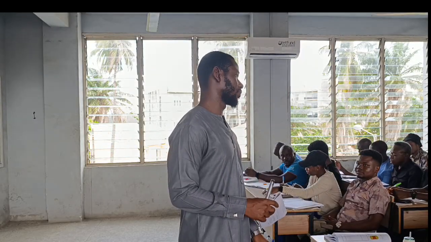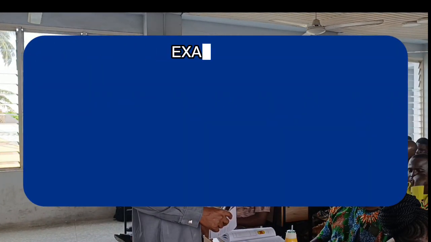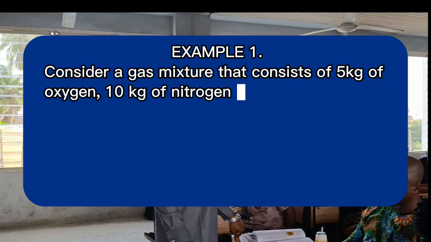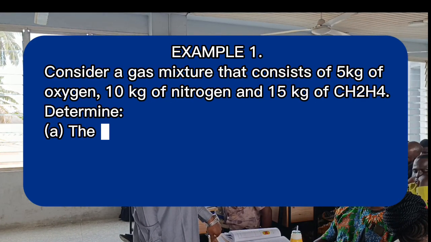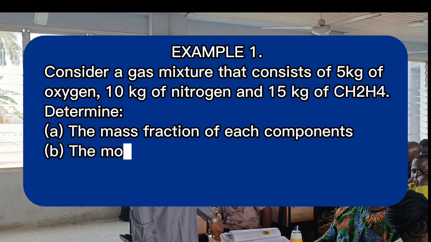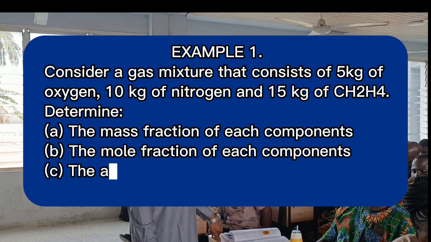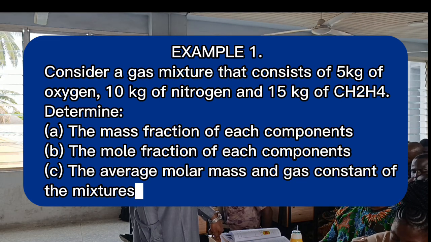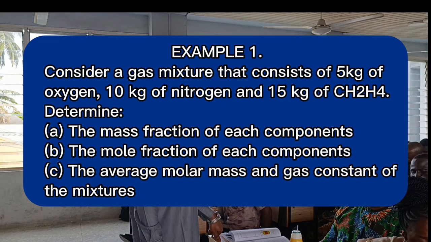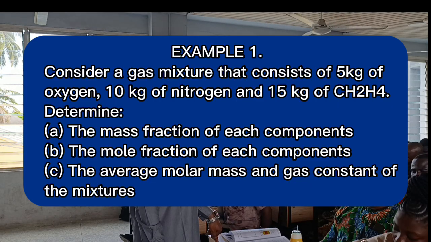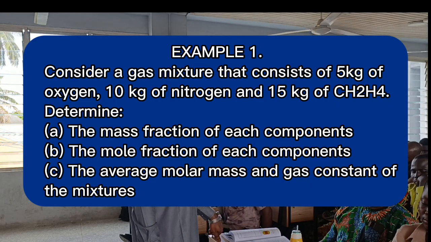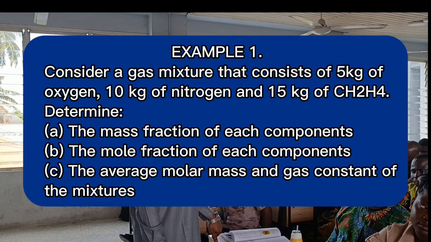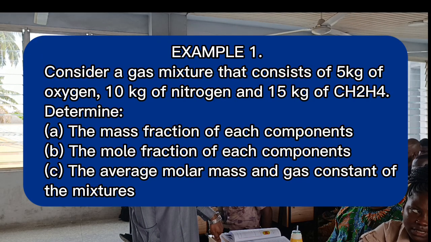Let's take an example. Example 1. Consider a gas mixture that consists of 5 kilograms of oxygen, 10 kilograms of nitrogen, and 15 kilograms of C2H4. Determine: A, the mass fraction of each component.